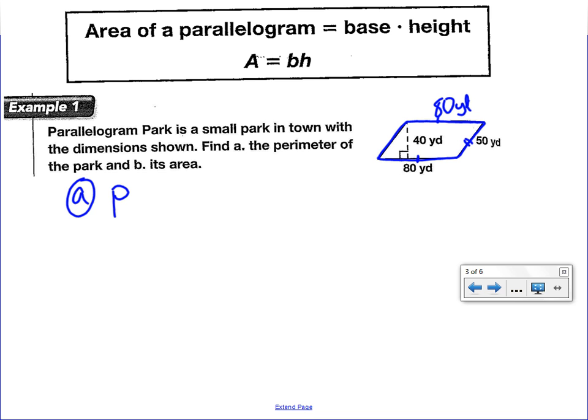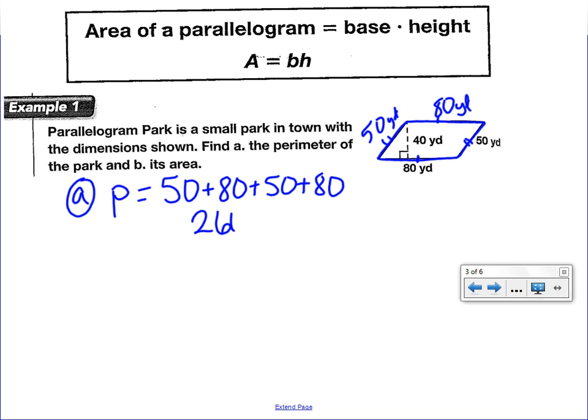Since this side is 50, this side is 50 yards. So all I have to do is add those up. So I have 50 plus 80 plus 50 plus 80, and that will give me 260 yards.